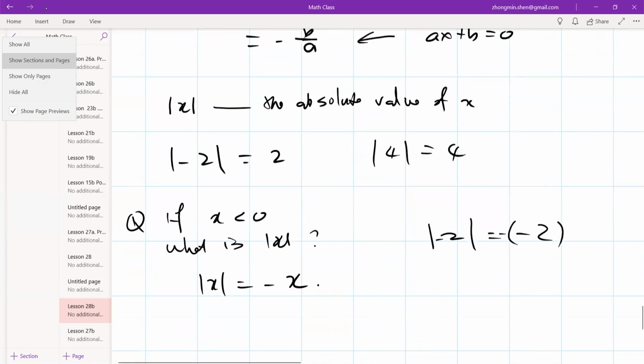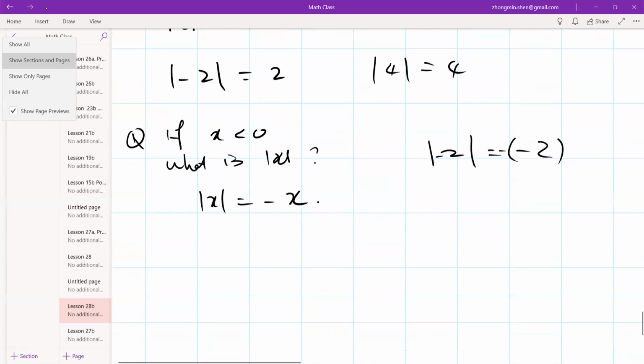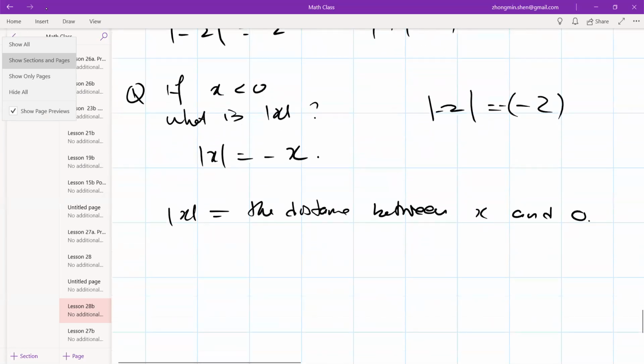Okay? So the geometric meaning of absolute value is the distance between x and 0. x could be on the left hand side, could be on the right hand side. So this is 0, this could be x, or on the right hand side.